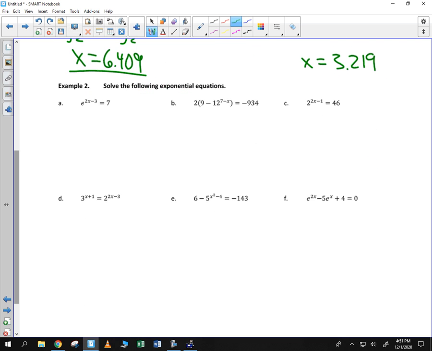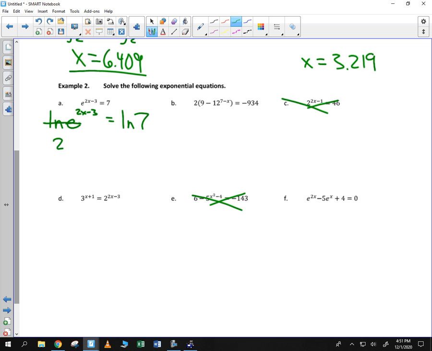Now it says solve the following exponential equation. So same type of thing, we just have a little bit more added on, okay? So we're going to go ahead, we'll pick a couple here, not all of them. We'll skip this guy here, and we'll skip this guy here. But I want to get at that x, so I'm going to take the natural log of both sides.